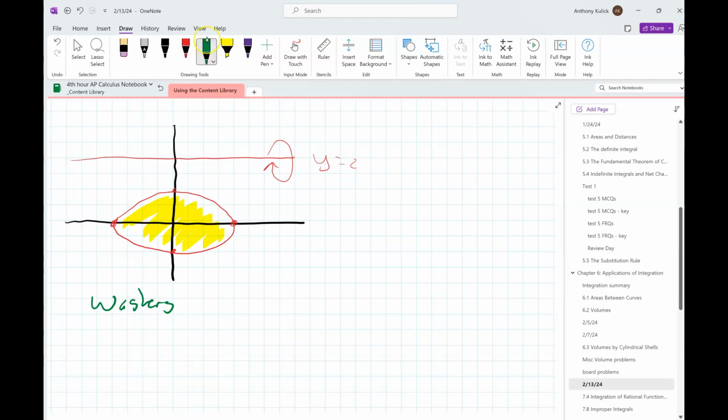Yes. So for washer, it's the radius of the outer minus the radius of the inner. Correct. You take the ellipse problem and split it into x, y. We're going to be doing that. Yes, that's kind of the idea. So let's draw our picture. There's my R inner, and that would be my R outer, right?